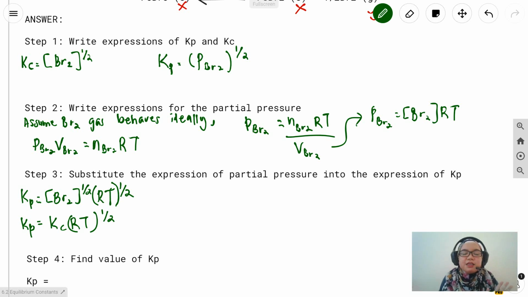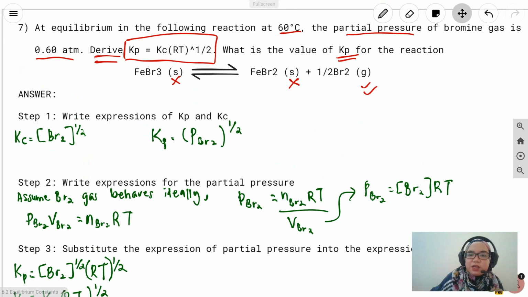So this is how you derive the equation to find Kp equals Kc RT to the power of 1/2. Okay.